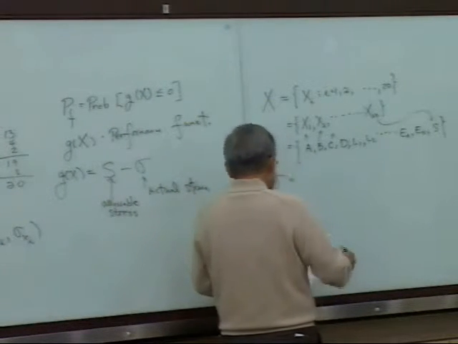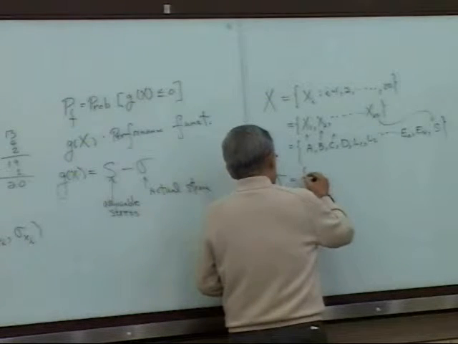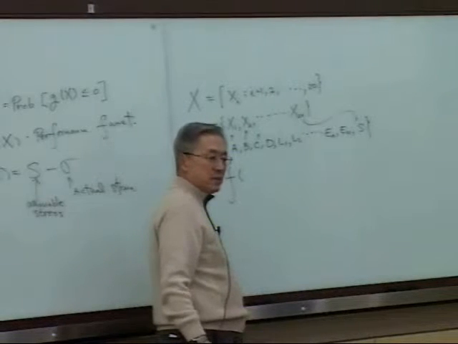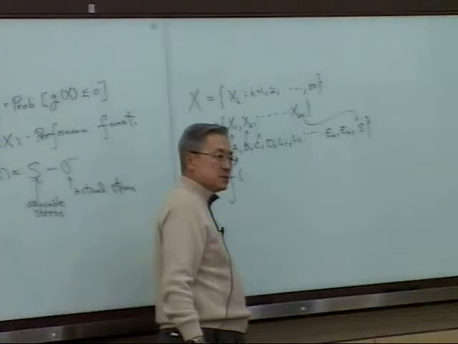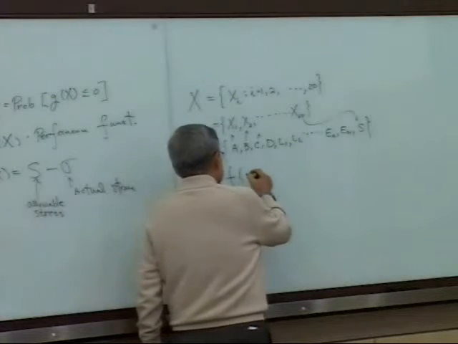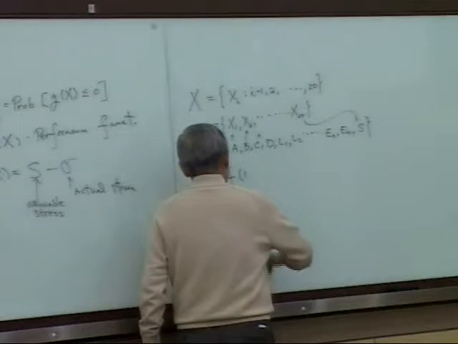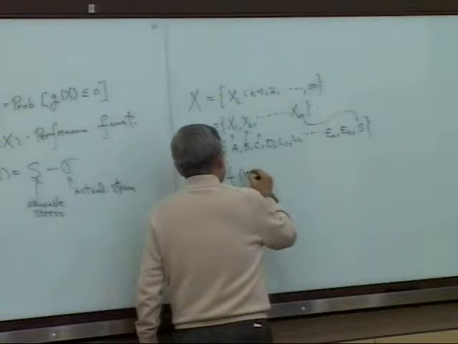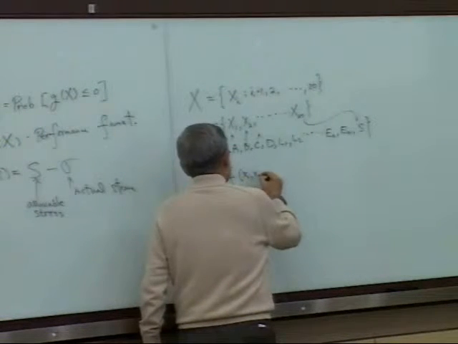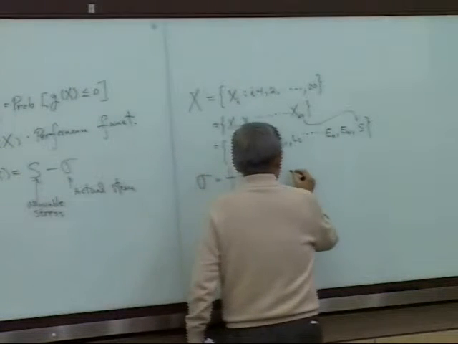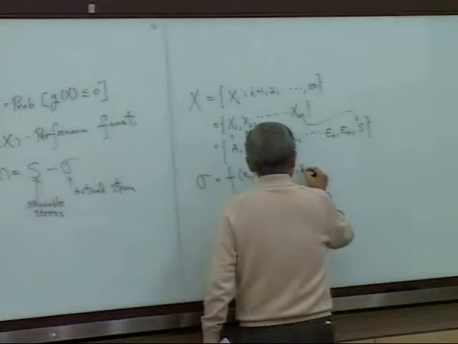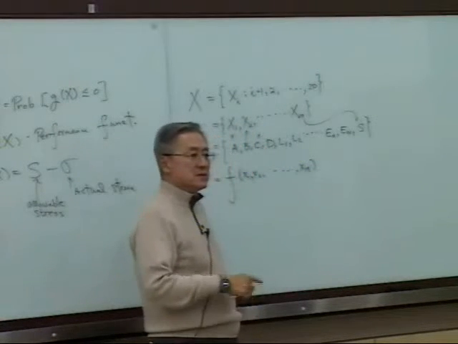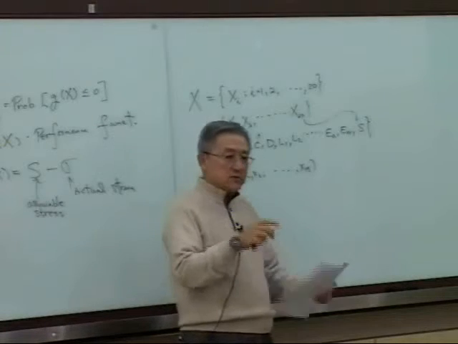The bending stress is, of course, a function of all the random variables except the allowable stress S, which is a function of x1, x2, all the way through x19, which is in page 21.